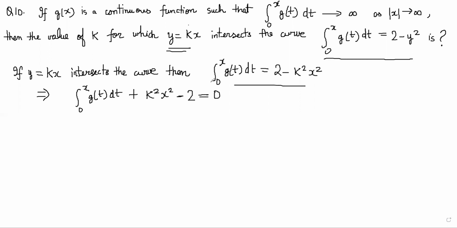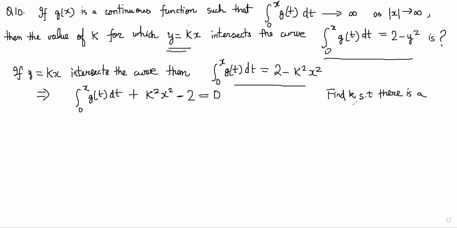This is a curve, this is a straight line. Solving them together should give you points of intersection and their x coordinates. So actually we don't have to solve it. We have to find k such that there is a solution.